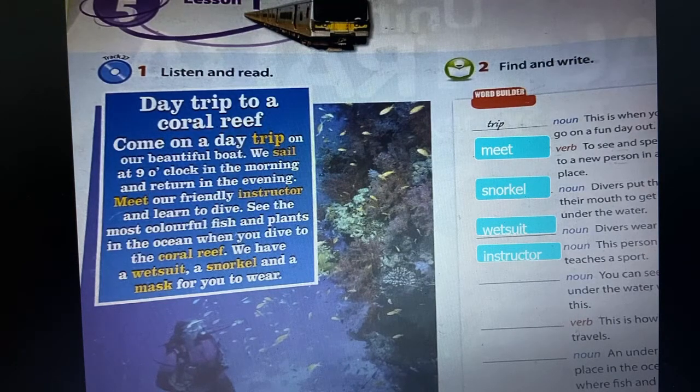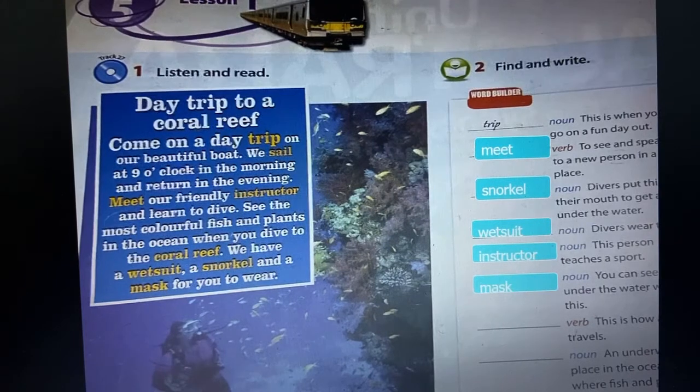So people wear a mask in order to keep or to save their eyes. Mask. So the mask helps divers to protect their eyes to swim carefully or swim comfortably under the water.